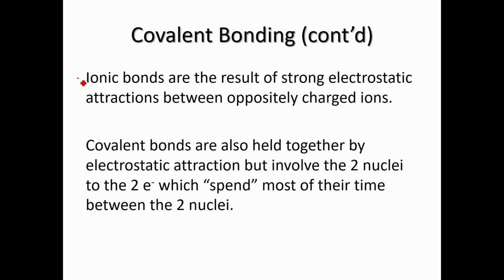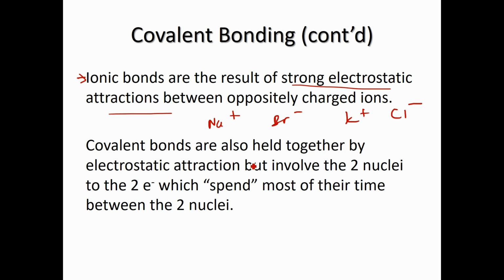In summary, ionic bonds are formed whenever you have strong electrostatic attraction between opposite charged ions like Na+, for example, and Br-, or K+ and Cl-. Covalent bonds are made by sharing.